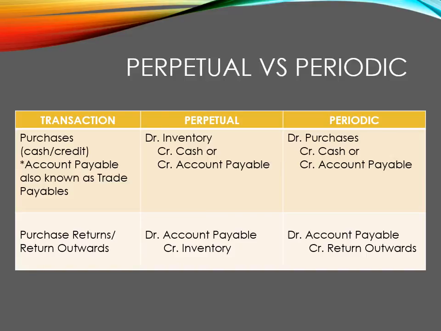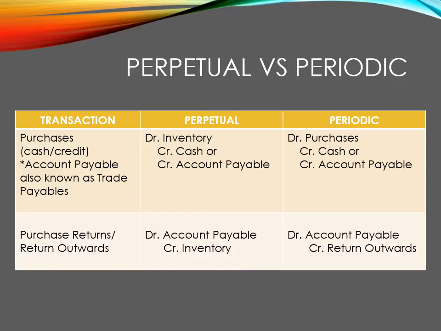Next, transactions on purchases return, or another term that you can use is return outwards. When a purchases return transaction occurs, you will debit account payable and credit return outwards or purchases returns for the periodic inventory system.